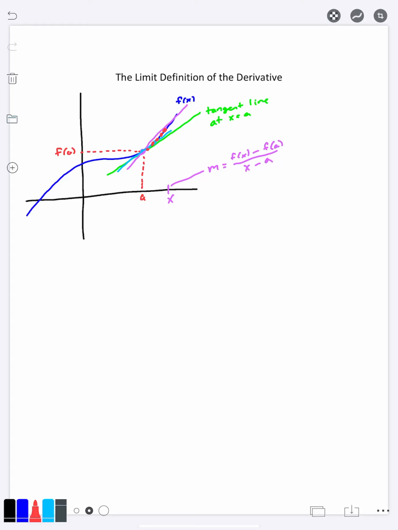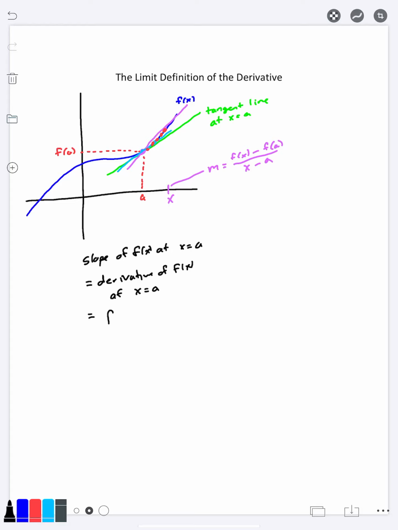And so it turns out if we want to find the slope of f of x at x equal to a, we are going to call this the derivative of f of x at x equal to a, and there's going to be a brand new notation for this.